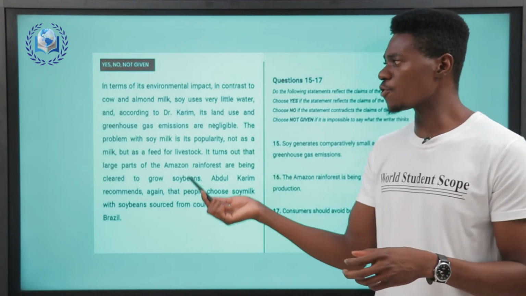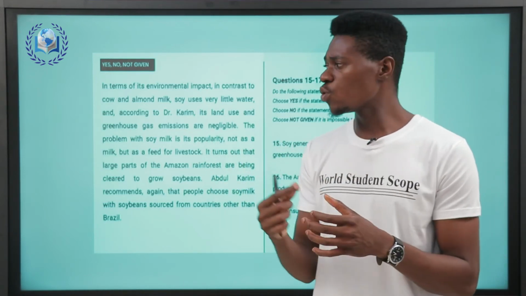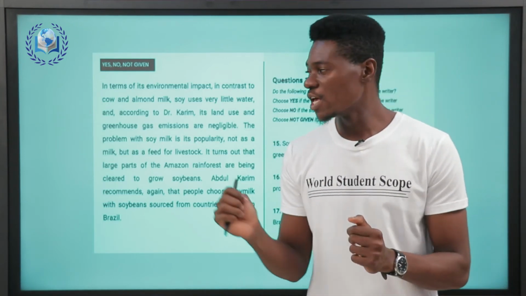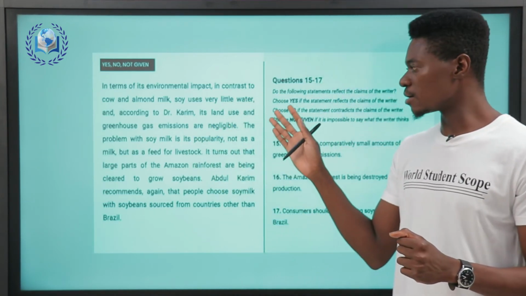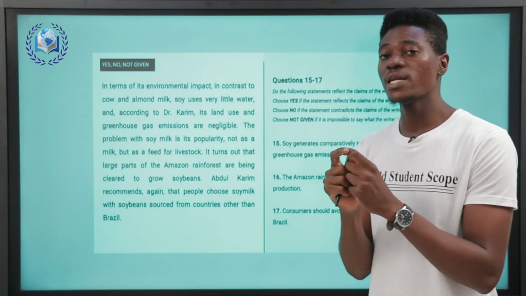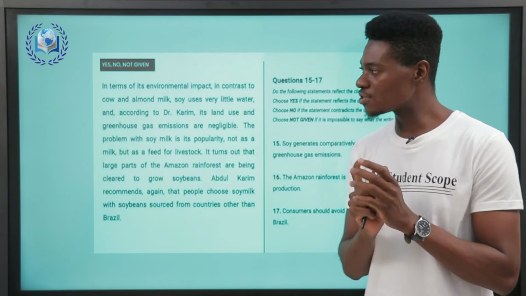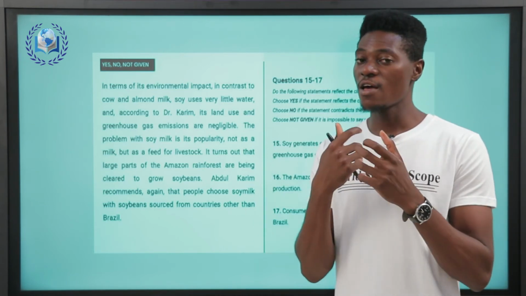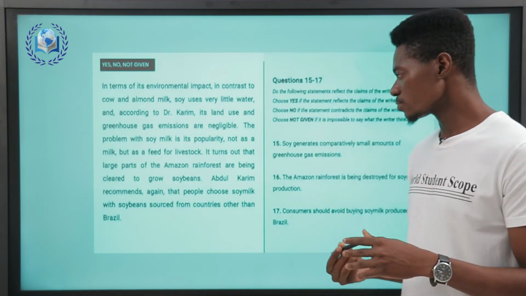If you find that the information contradicts what is given in the question, just write no. If you find that the question and the information correlate, write yes. Don't stress yourself. I'm going to show you how we're going to solve this question very easily.